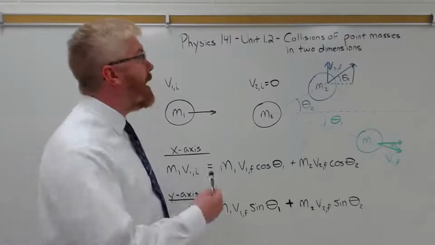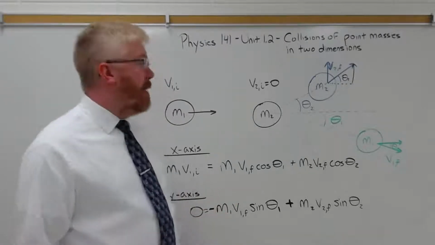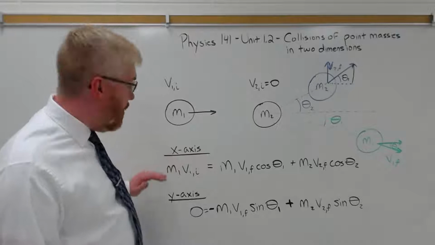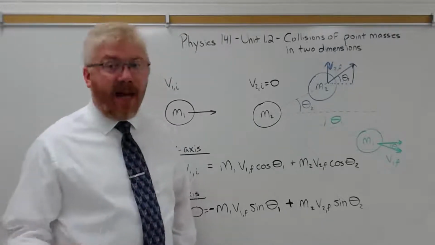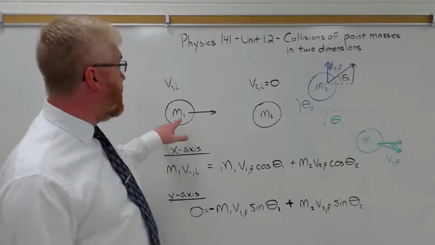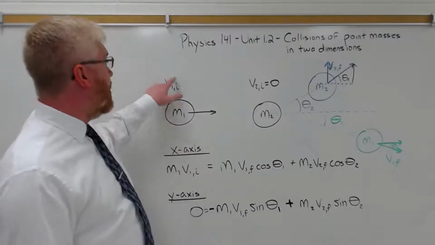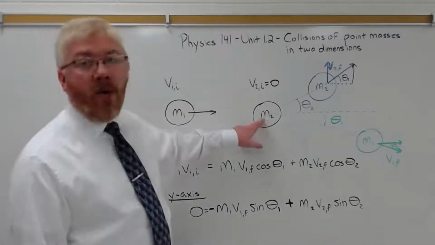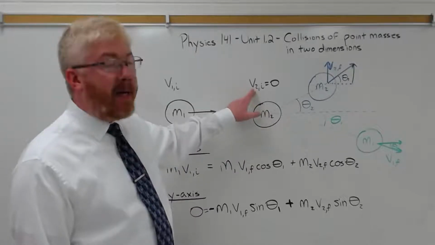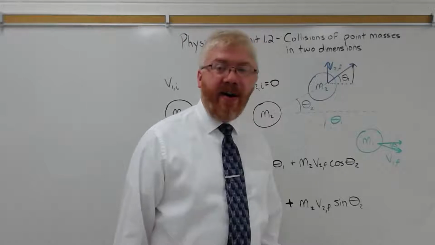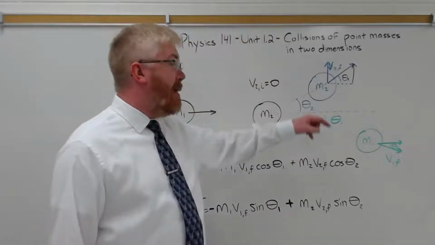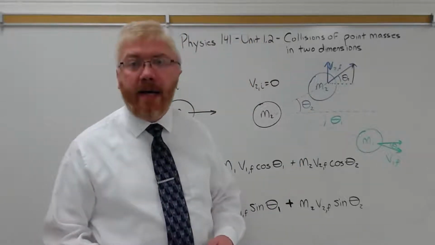Now, kinetic energy doesn't have an x component or a y component. Kinetic energy is a scalar. So this has some kinetic energy, 1/2 m1 v1 initial squared. This has no initial kinetic energy because it has no speed. This has some speed v2 final. This has some speed v1 final. Square that, multiply by the masses, divide by 2 to get the kinetic energy.